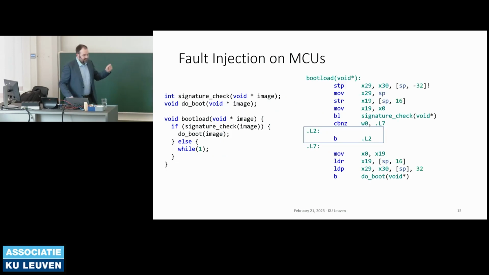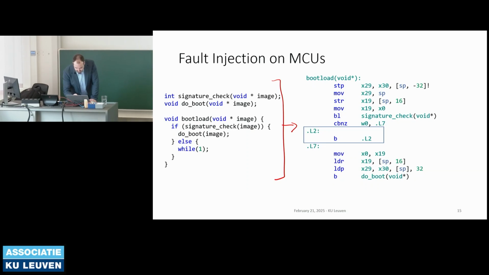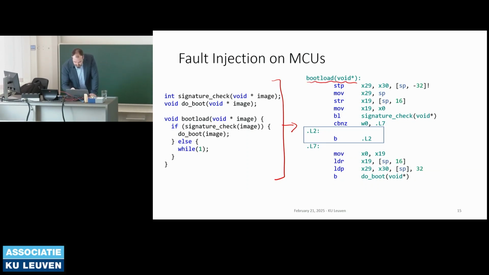If I take my C code and I just compile it, the compilation rearranges the code a little bit in a way that doesn't impact the functionality, but does impact how I'm able to do this attack. The reason is over here, this bootload function has that signature check.